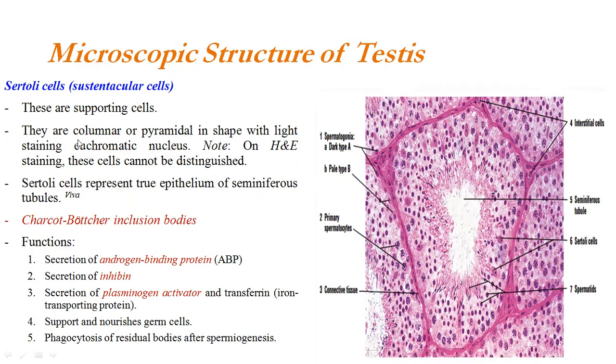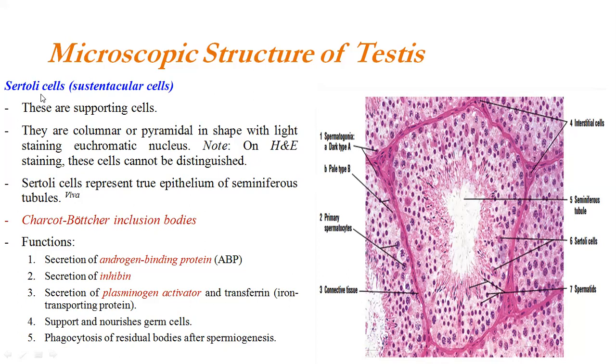These are supporting cells which are columnar or pyramidal in shape with a light staining euchromatic nucleus. On ascending staining, these cells cannot be distinguished. Sertoli cells represent the true epithelium of seminiferous tubules. We also find Charcot-Böttcher's inclusion bodies.